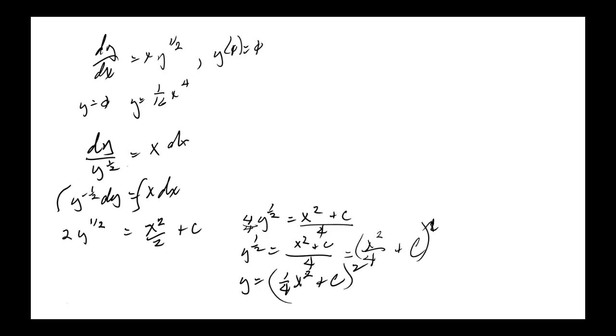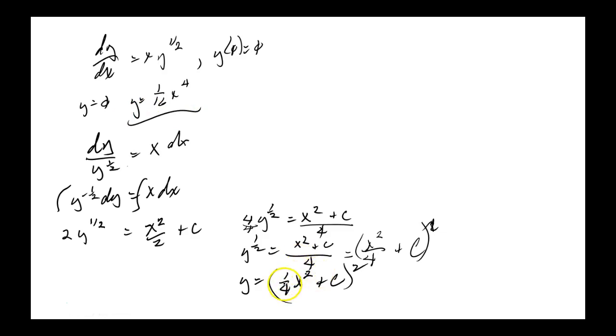And as they were saying before, when you set x equals 0 and say that y has to be 0, that would indicate that c has to be 0. Therefore, y equals 1/16 x to the fourth, that's the solution we got from that.